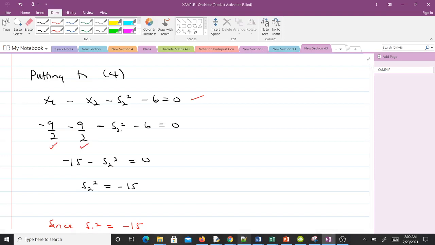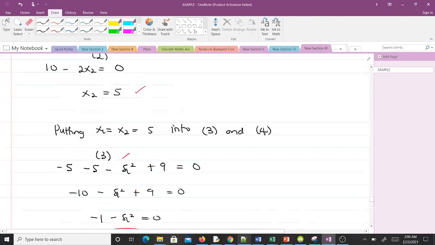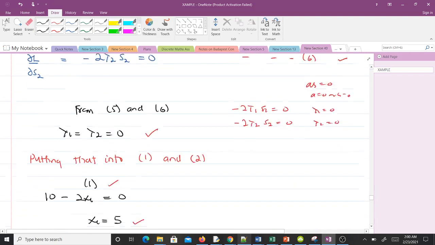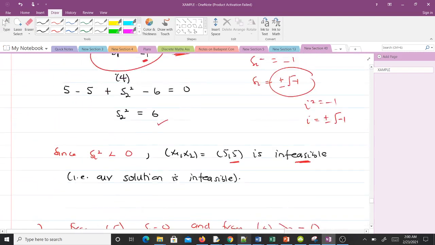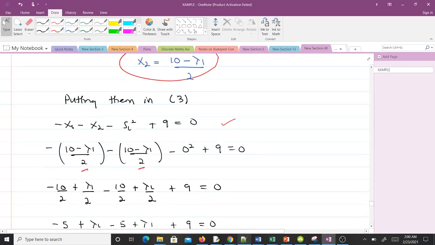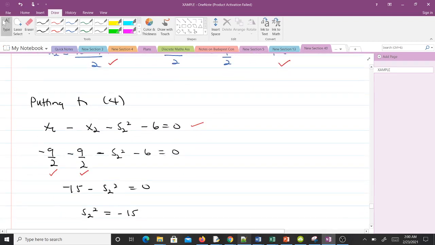Let's take equation 4 from what we had. So this is equation 4: x1 minus x2 minus s2 squared minus 6 equals 0. We're going to get 9 over 2 minus 9 over 2 minus s2 squared minus 6 equals 0.